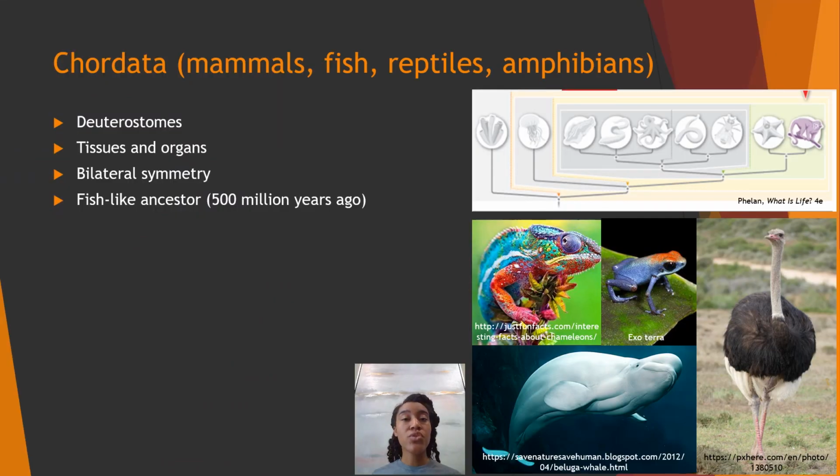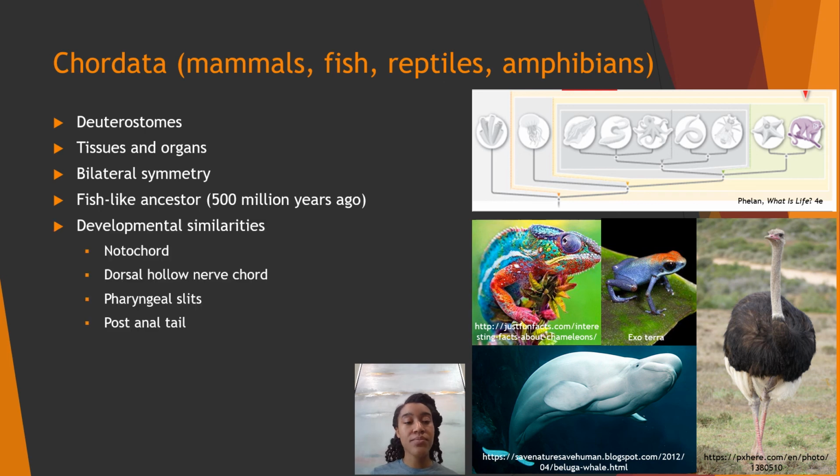The largest group of deuterostomes belong to the group Chordata, and Chordata or chordates include mammals, fish, reptiles, and amphibians. The members of Chordata have true tissues and organs, exhibit bilateral symmetry, and we all share a fish-like common ancestor that existed about 500 million years ago.